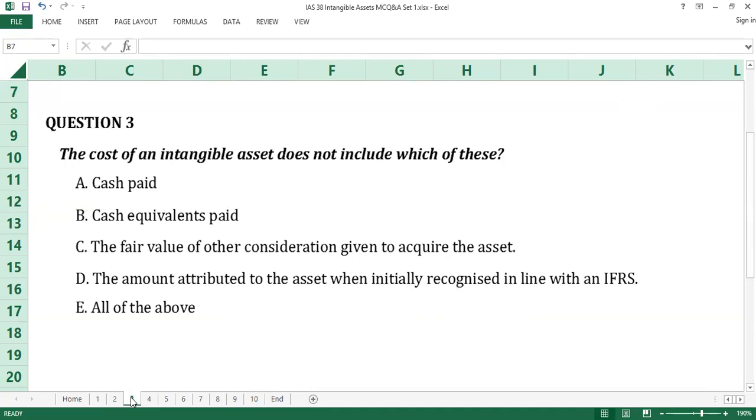Question number 3. The cost of an intangible asset does not include which of these? A. Cash paid. B. Cash equivalents paid. C. The fair value of other consideration given to acquire the asset. D. The amount attributed to the asset when initially recognized in line with an IFRS. E. All of the above. Time counts.